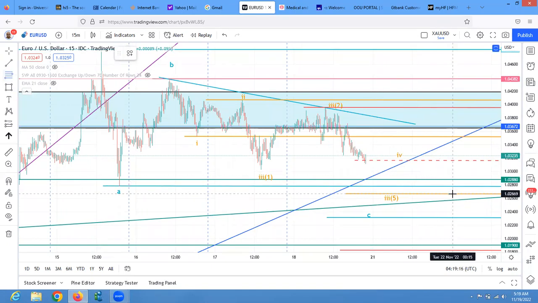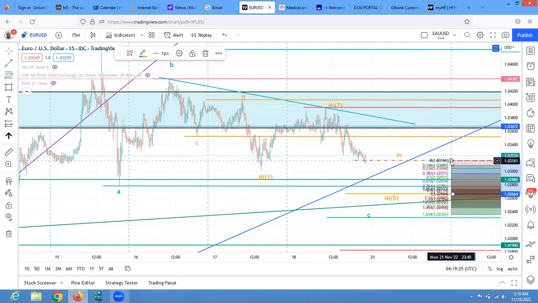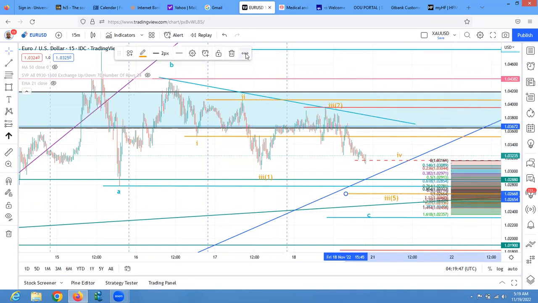So if I expect a 5 should do this later, which is at least a 123 or 1618, I'm going to use a purple for those areas of 5.